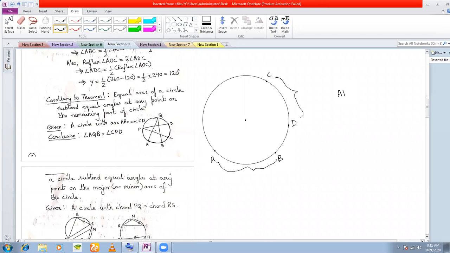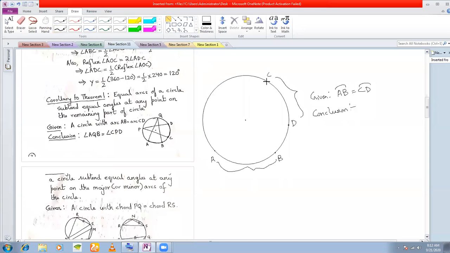So we also write it this way: arc AB is equal to arc CD, given. Then what you can conclude according to this theorem is that any angle that these two arcs subtend on the circle must be equal.